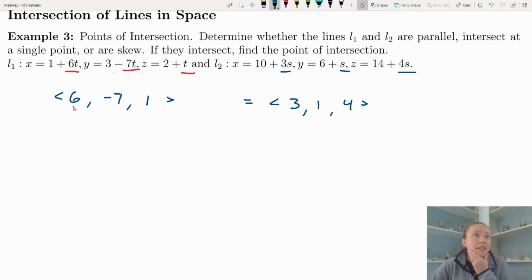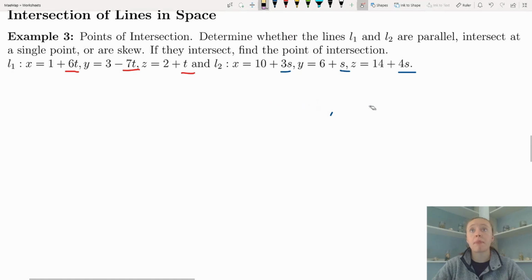So 6, I would need to divide by 2 to get 3, but right away, negative 7 divided by 2 does not give me 1. So I know right off the bat, these are not parallel because that vector v in each of them are not scalar multiples. So right away, I can eliminate the fact that these are parallel.